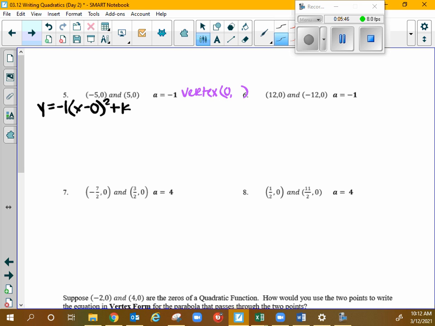x minus 0, how can I write that? x squared. Okay. Pick a point. 5, 0. So what's my y value going to be? 0. What's my x value going to be? 5.